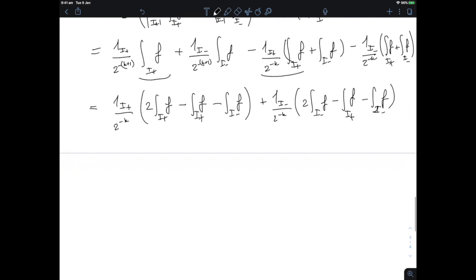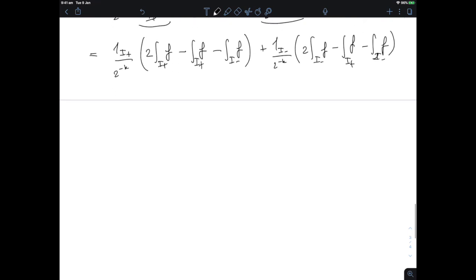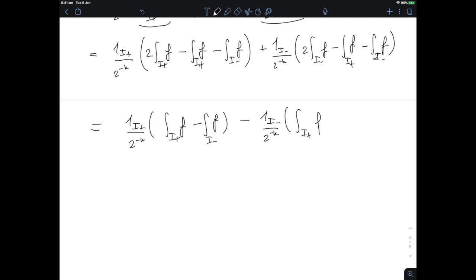Now combining all of these gives what? Gives the indicator of I plus over 2 to the minus k, times the integral of f over I plus minus the integral of f over I minus, and then minus the indicator function of I minus divided by 2 to the minus k times the same thing.